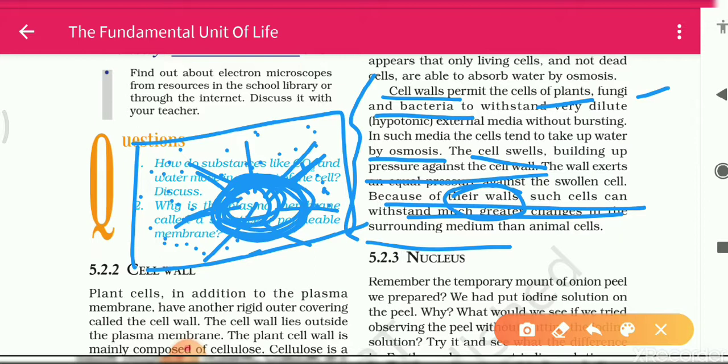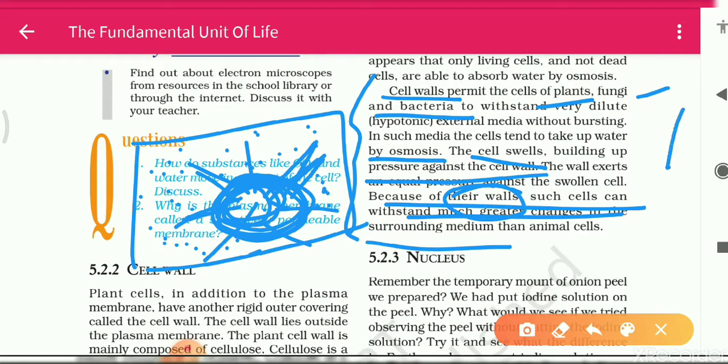Because the cell wall is not present in animal cells. But this does not occur in plant cells, because a cell wall is present. When water goes inside, it creates pressure on the cell wall, and the same pressure from the cell wall acts on the cell. In this way the cell wall in plant cells helps prevent bursting.